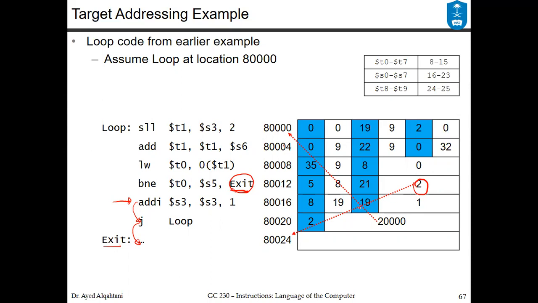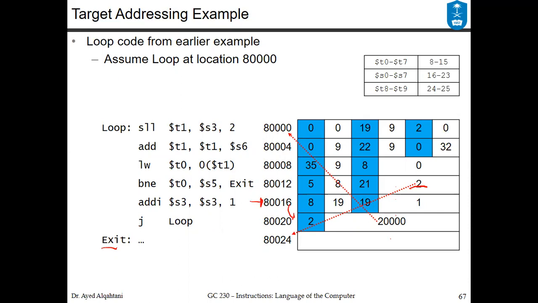Another way of looking at it, if you do not need to write down this number and you are trying to figure it out, check where the label is and see how many jumps you did in the machine code. So you did 1 and then 2. Remember, you start from the next instruction.